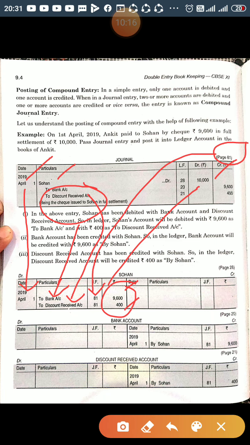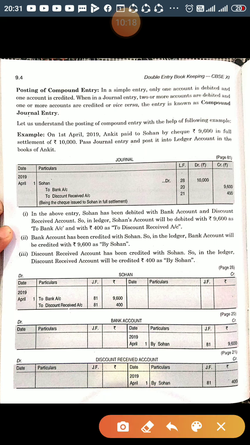I hope it would be clear. Now again I can clarify. Sohan was debited with 10,000. Against this Sohan, two accounts are credited, bank account and discount received.